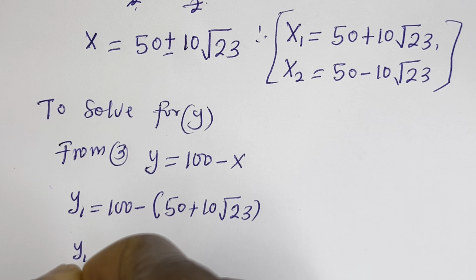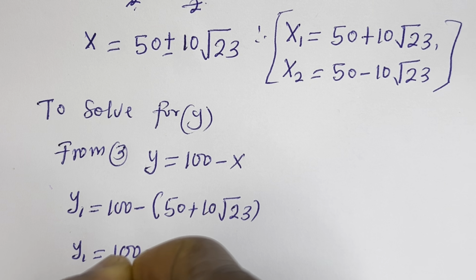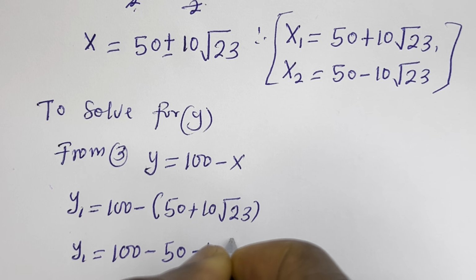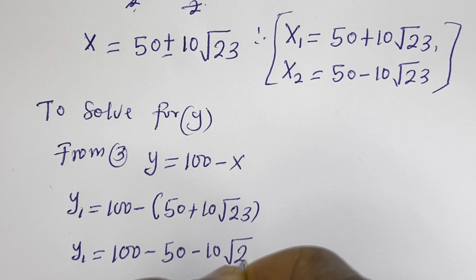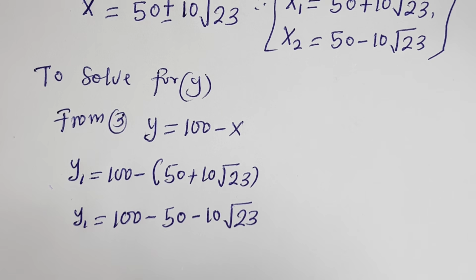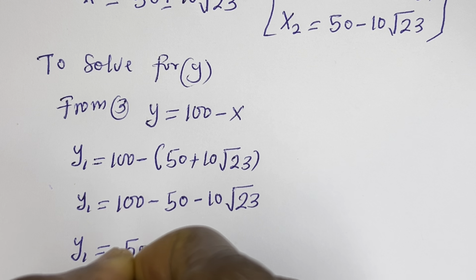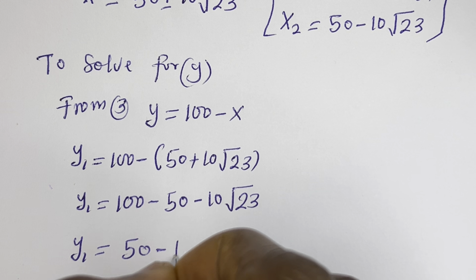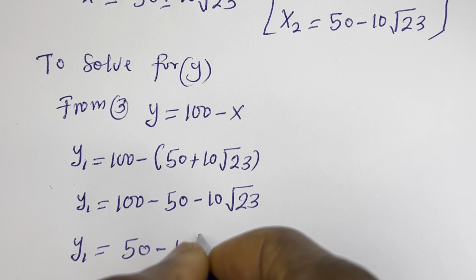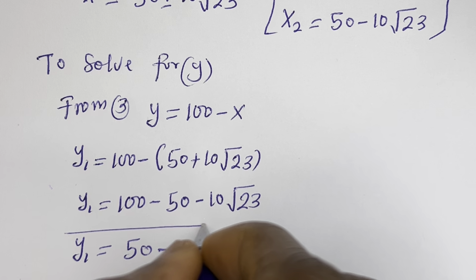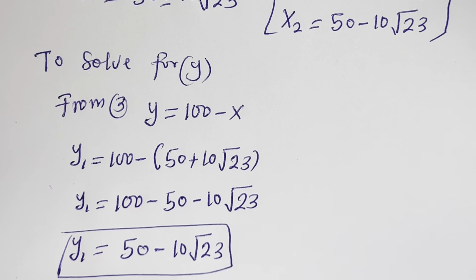Then y1 is equal to 100 minus 50 minus 10 square root of 23. y1 is equal to 50 minus 10 square root of 23. This is the value of y1.